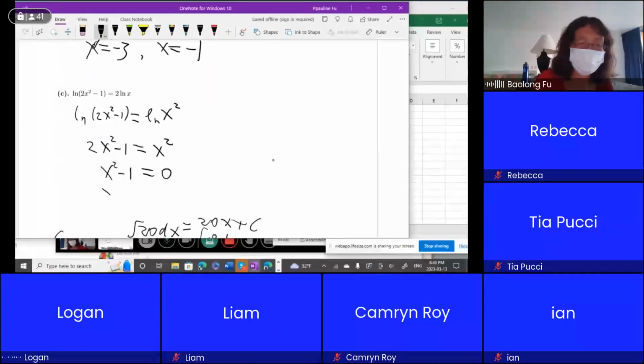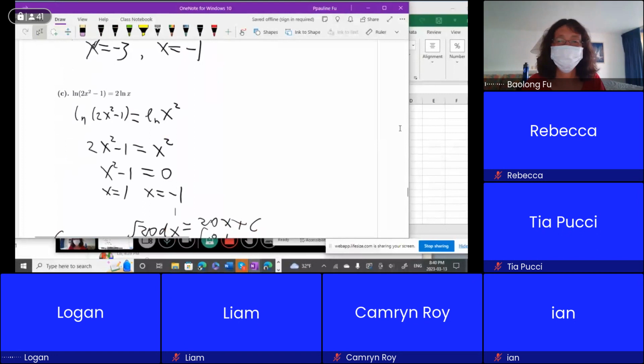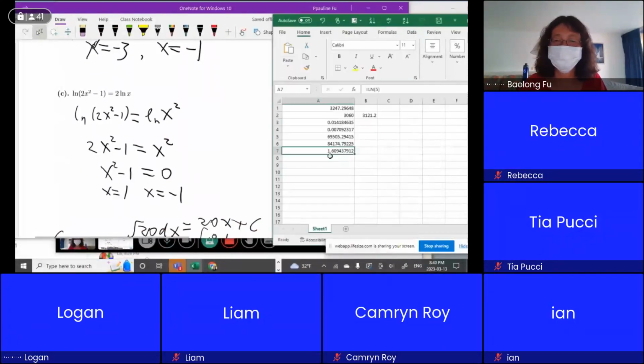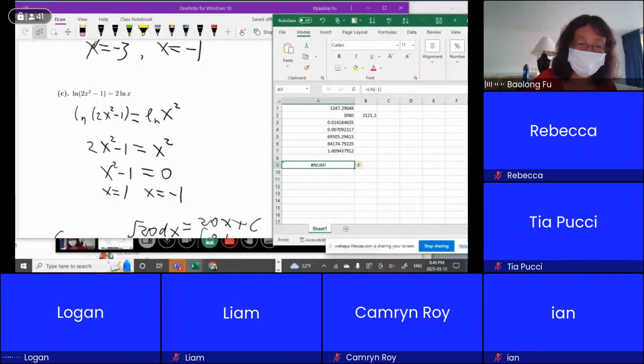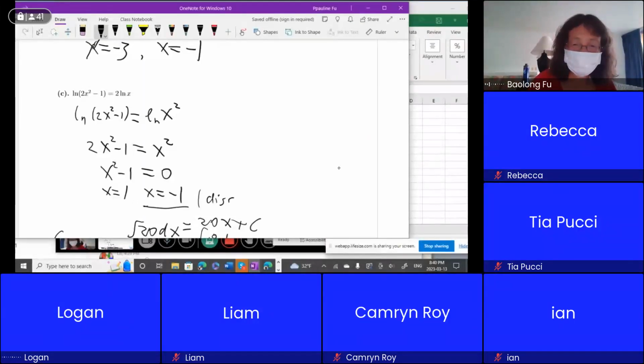And then you have x, one is 1, the other is negative 1. But we cannot have negative number as a logarithm. So if you type in Excel ln of negative 1, it will not give you the number because we need ln x, x is positive number. So this one is discarded. The final answer x equal to 1.